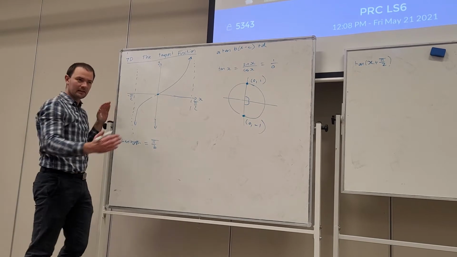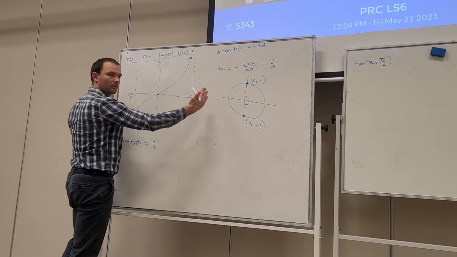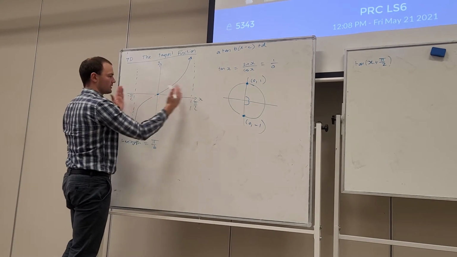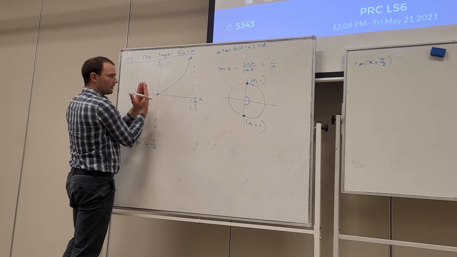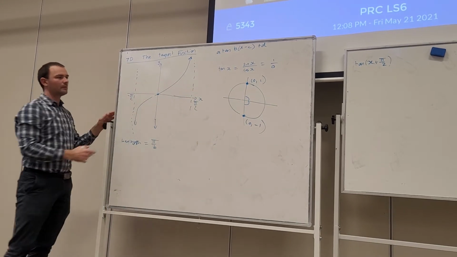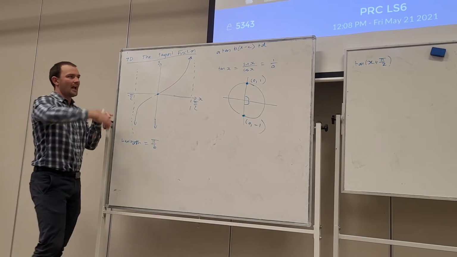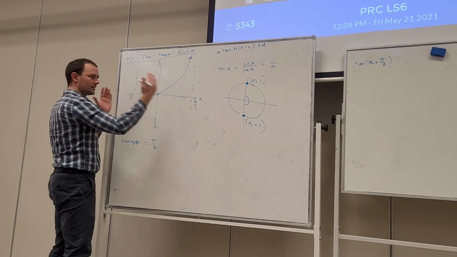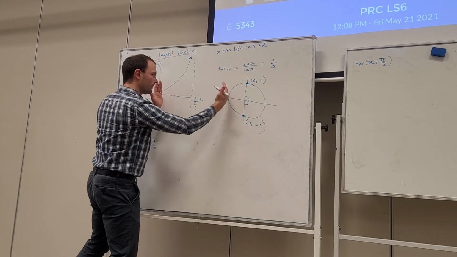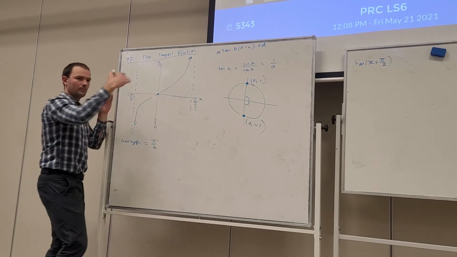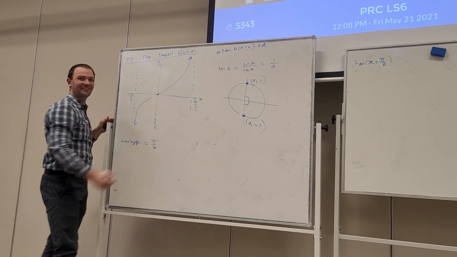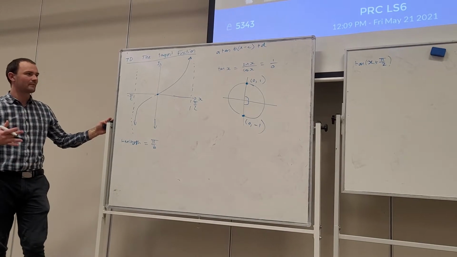B is horizontal compressions and dilations. So we can squish it in this way or stretch it out that way by changing the value of B. C is going to move the whole thing over this way or that way, and D is going to move the whole thing up or down. So all of them still have the same effect.